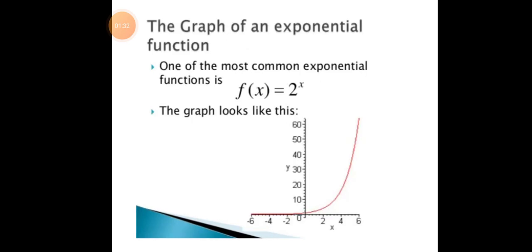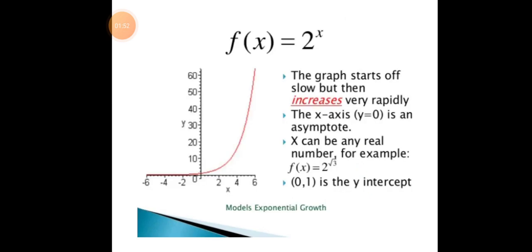The graph of an exponential function: one of the most common exponential functions is f(x) equals 2 to the power of x. The graph looks like this. The graph starts off slow but then increases very rapidly.